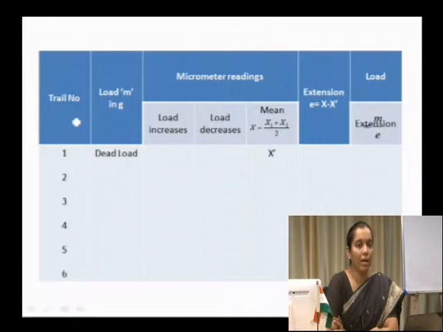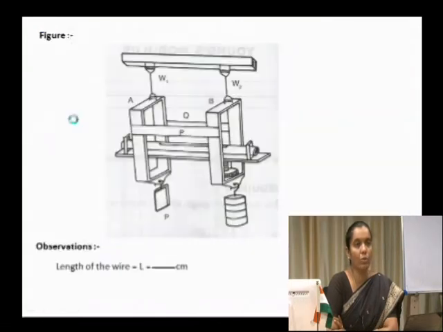So, each time when a load is added, the wire W2 undergoes some extension, and since there is an extension, a variation in the length of both the wires W1 and W2, the spirit level is imbalanced. So, to balance that spirit level, we have to rotate the screw in the micrometer.